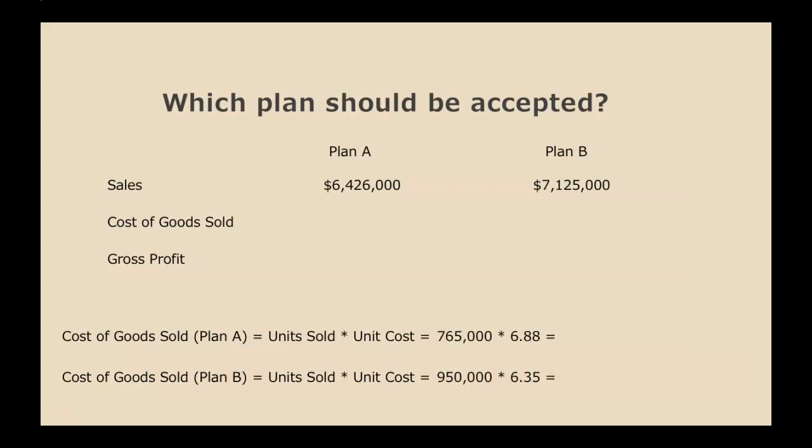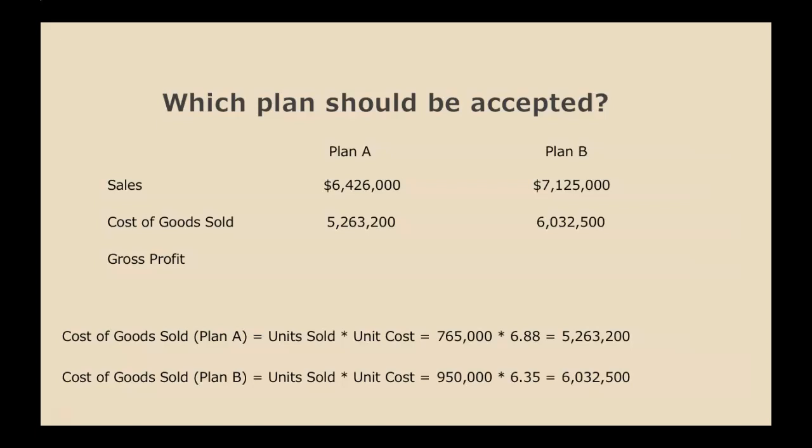So for Plan A, that's 765,000 times $6.88. Plan B, that's 950,000 units times our $6.35. So we can find our cost of goods sold there. Plan A, just about 5 million. Plan B, just about 6 million.